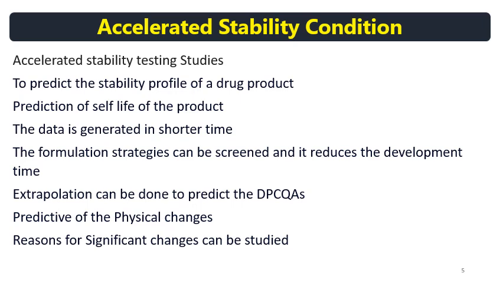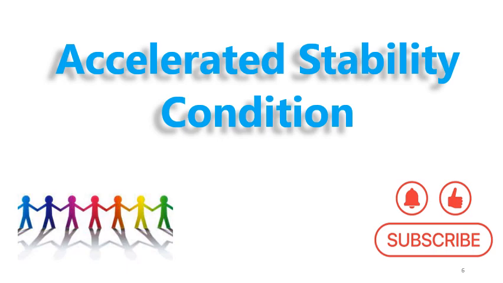Then accelerated condition can be done at R&D to predict the reasons for significant changes, for example, loss in assay by 5% from the initial value or change in the dissolution profile. Accelerated stability condition, including the other stability conditions, are performed at the R&D phase, at the filing stage, and also after the approval of the product, that is post approval changes.